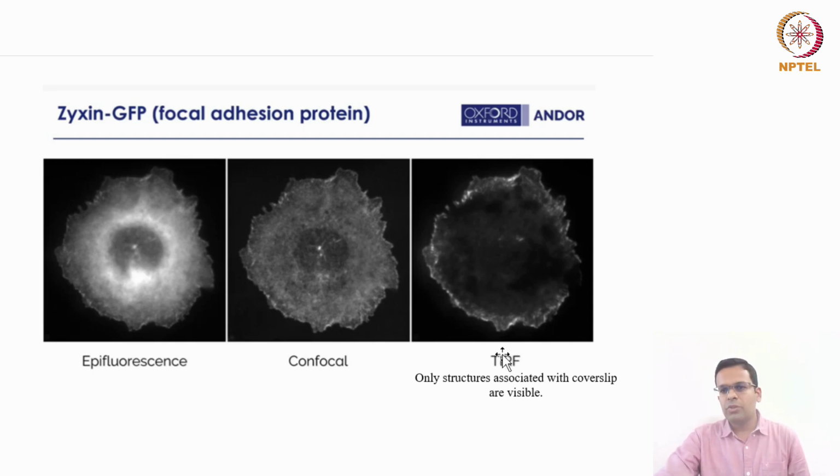But in TIRF, you can only see the structures associated with the cover slip or the slide. Only those structures are illuminated, so you cannot see anything within the cell, and that's why TIRF is the best way to study membrane bound structures.